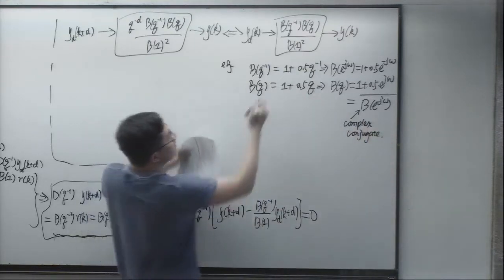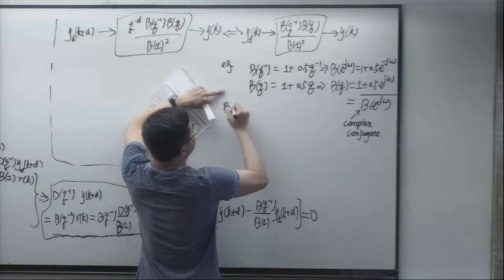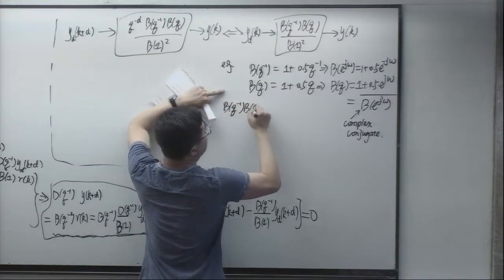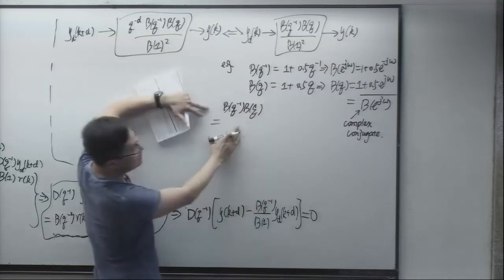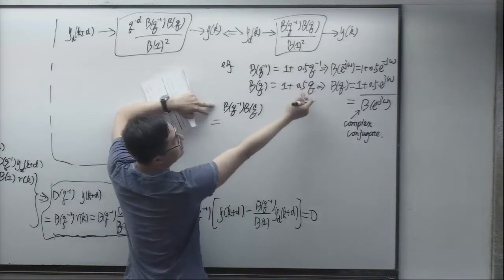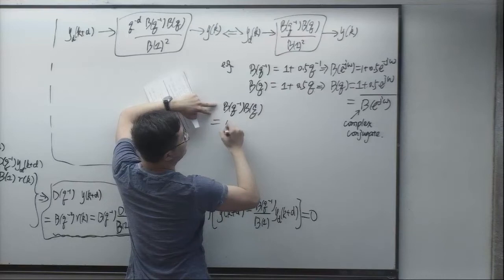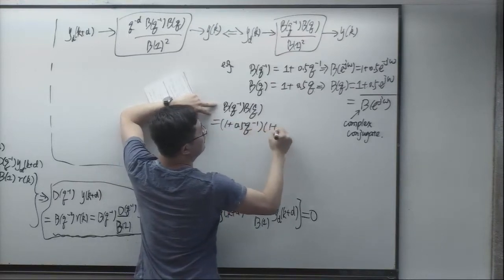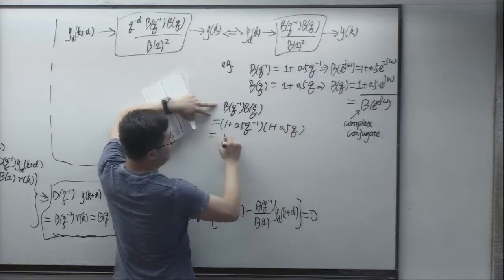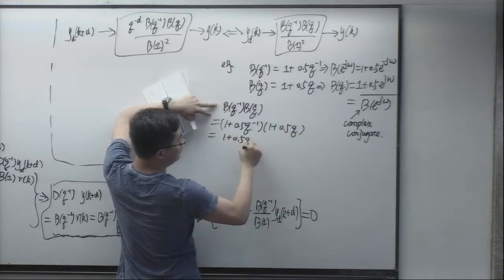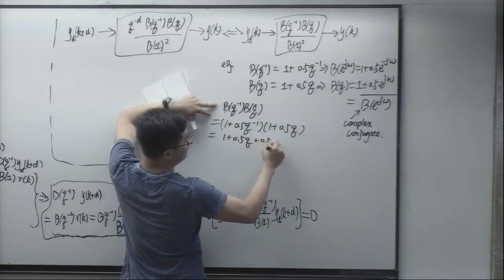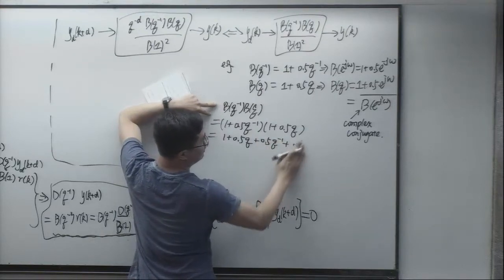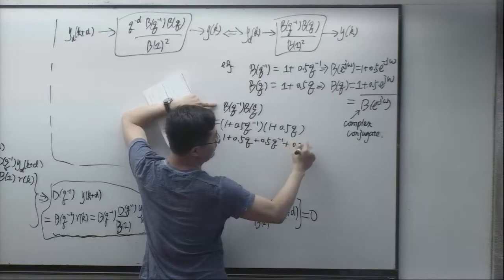All right, so B Q, you can see the result is that if you multiply things out, you're going to get 1 plus 0.5 Q plus 0.5 Q inverse plus 0.5 square is 0.25.